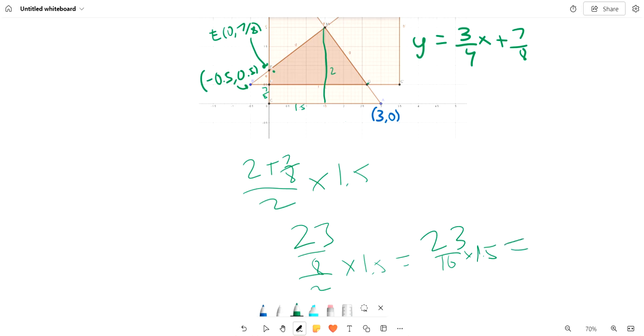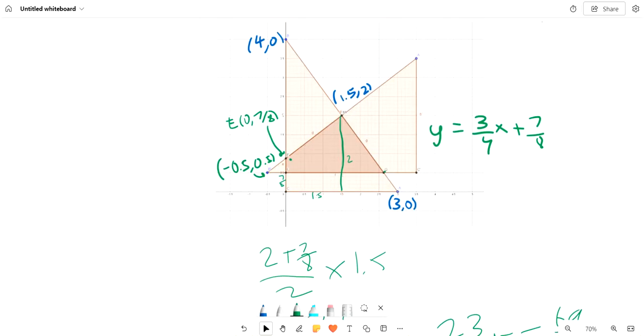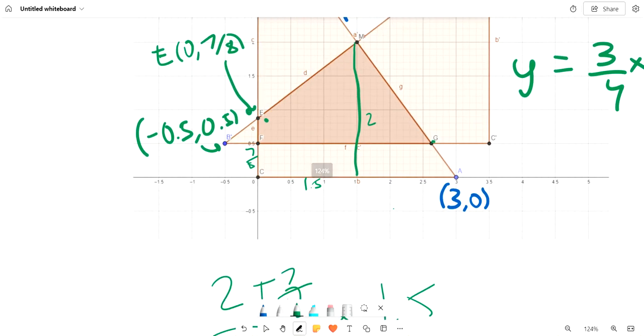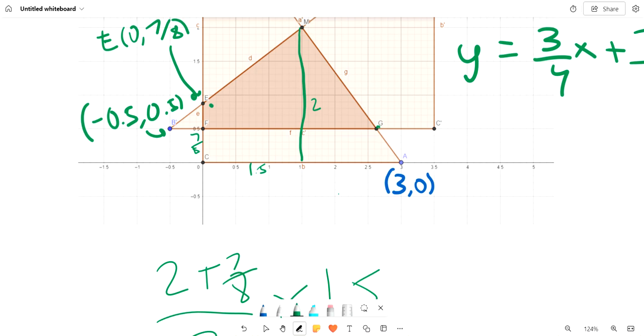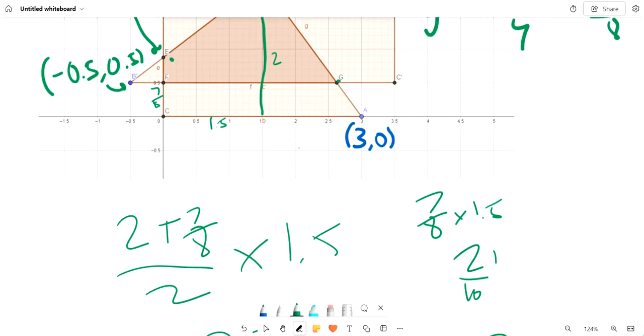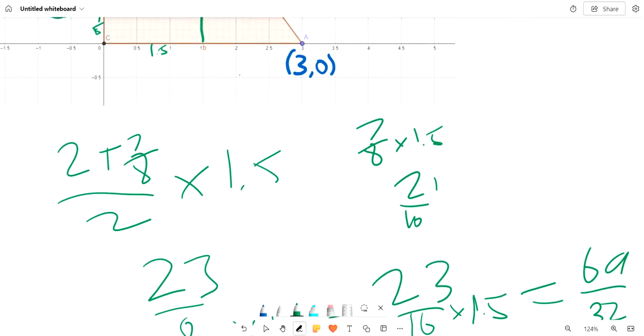And this equals 69 over 32. So the area of that trapezoid is 69 over 32. Subtract this rectangle over here. The area of the rectangle is 7 over 8 times 1.5, which is 21 over 16. So 69 over 32 minus that will equal 27 over 32.